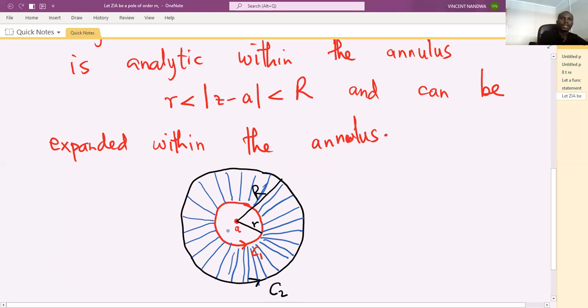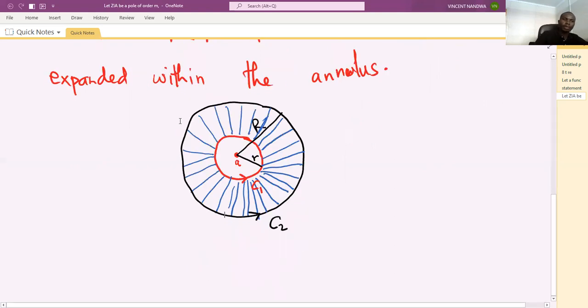What I've shaded is the annulus defined by the two circles of radius capital R and small r. So this shaded part is the annulus.